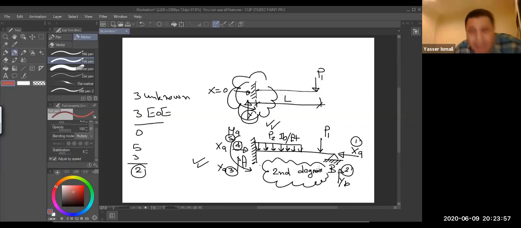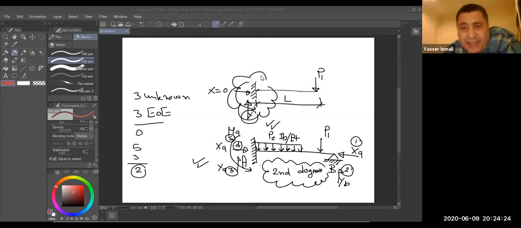Now, how can I define the determination state? By equations of equilibrium and unknowns. I will estimate how many unknowns, and I have the 3 equations of equilibrium. In the end, I will determine which degree indeterminate it is, and if it's statically determinate, I can solve the question easily.